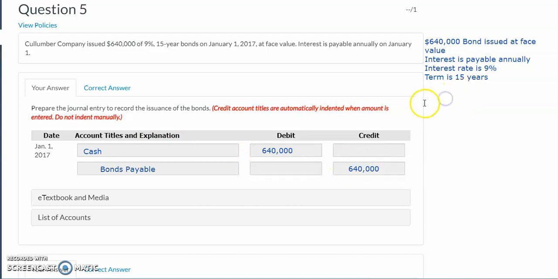So on the side, as we're going through this, I'm just going to make a quick note of the same journal entry. So journal entry for issuance: debit cash, credit bonds payable of $640,000. The next step is we need to record the accrual of the interest.